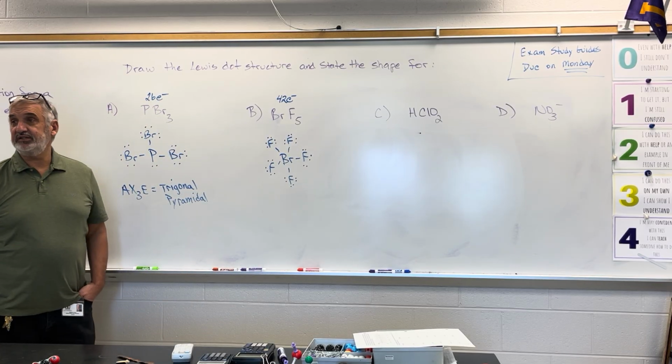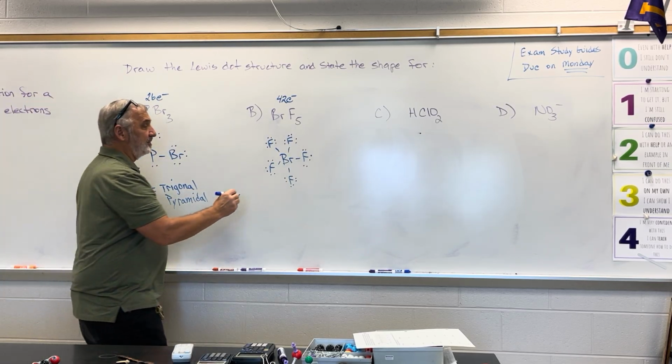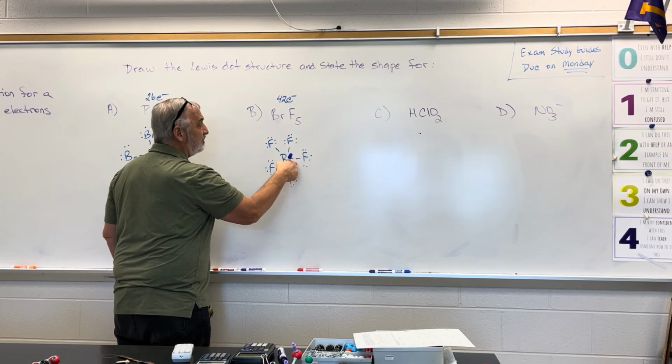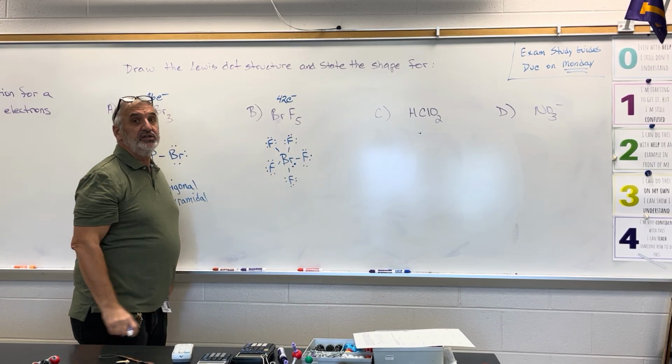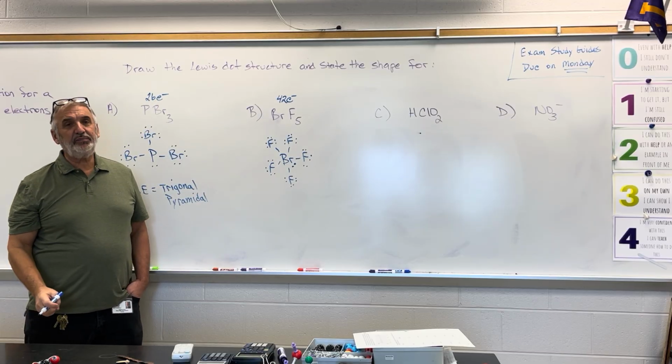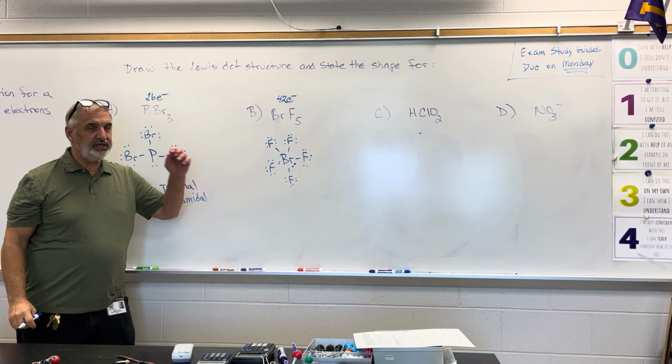Where do extra electrons go? Central atom. Central atom. Okay, again, find a spot in between. This is the biggest spot, so I'm going to put it right there. So again, now how many electron pairs are around the bromine?